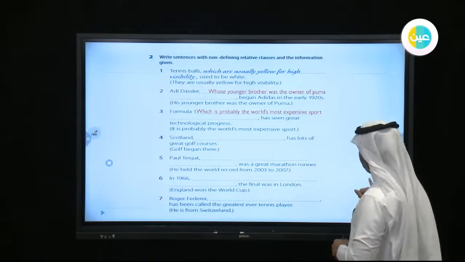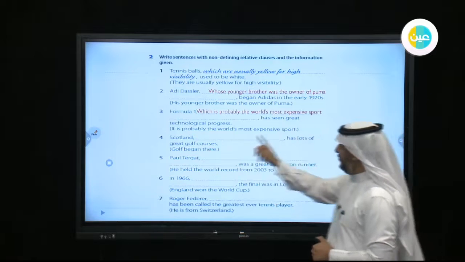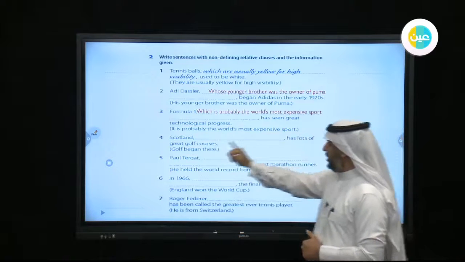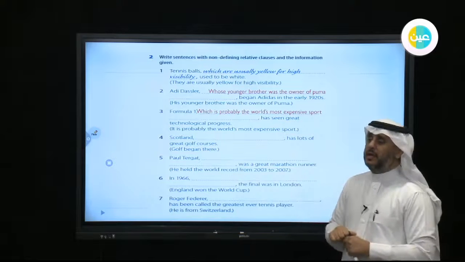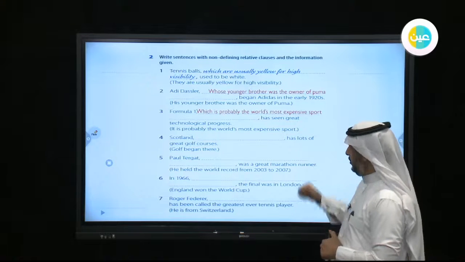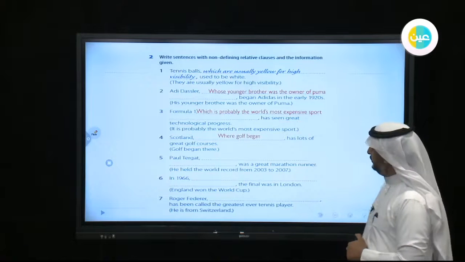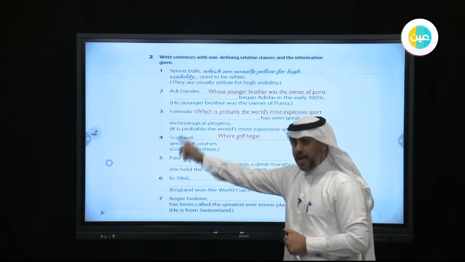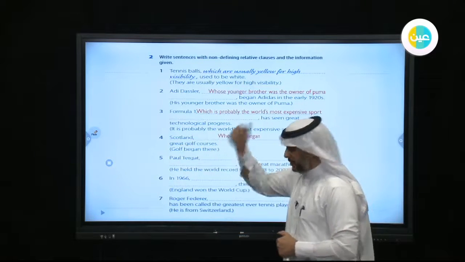Look at number 4. Scotland has lots of great golf courses. I want to complete the sentence using non-defining relative clause. We can say, because we used Scotland, this is a place, so we used where. Scotland is a place, as I said yesterday.